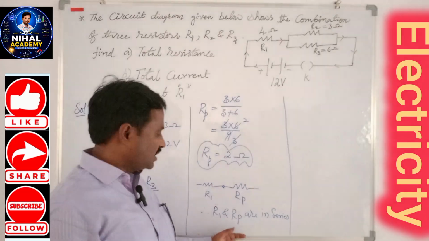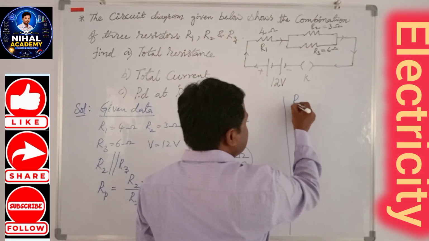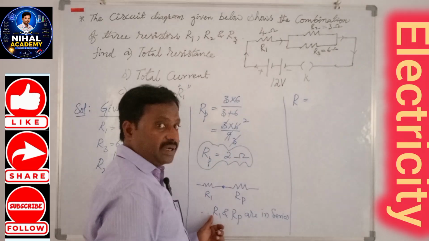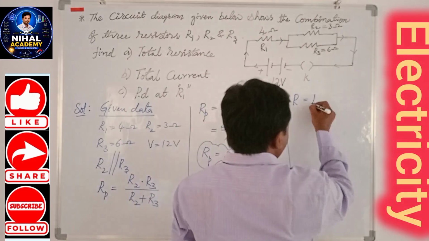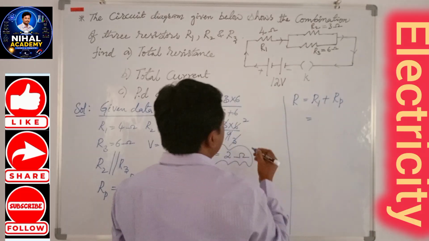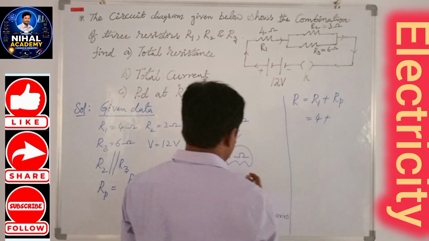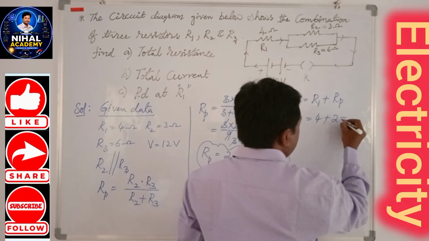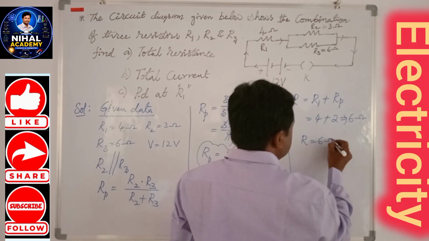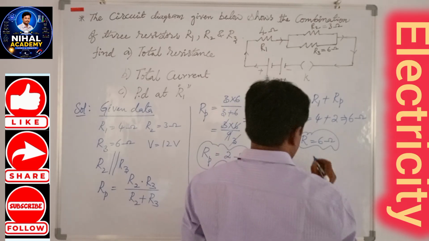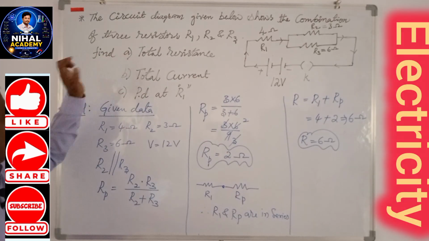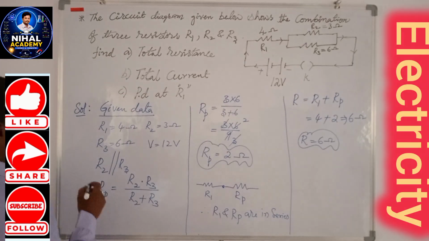When the two resistors are in series, then the resultant resistance R is equal to R1 plus Rp. R1 is equal to 4 ohm plus Rp is equal to 2 ohm. So total it is equal to 6 ohm. So therefore R is equal to 6 ohm. So this is the total resistance in a circuit.